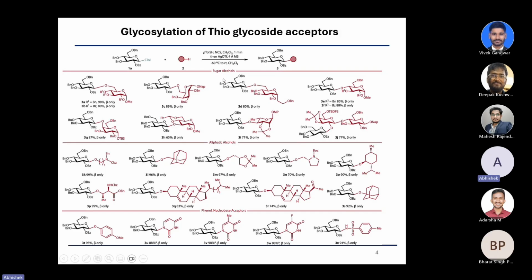In this, they talk about acceptors, first sugar alcohols, then some aliphatic alcohols, and they also tried phenol and nucleobase acceptors.